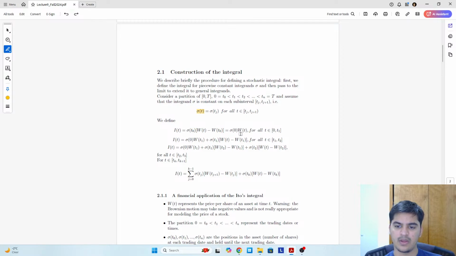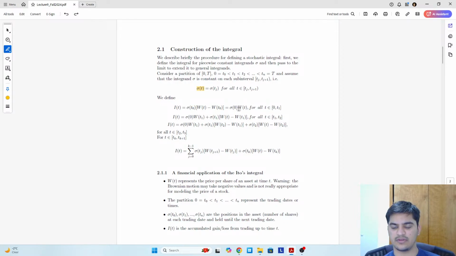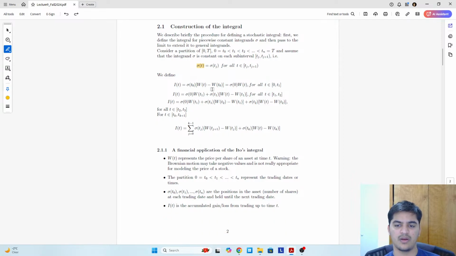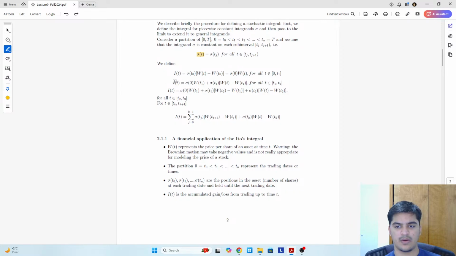Using the property of Brownian motion, W_t0 is equal to 0, so this is sigma naught W_t. Now again, it can be divided into sigma naught W_t1 plus sigma t1 (W_t minus W_t1).